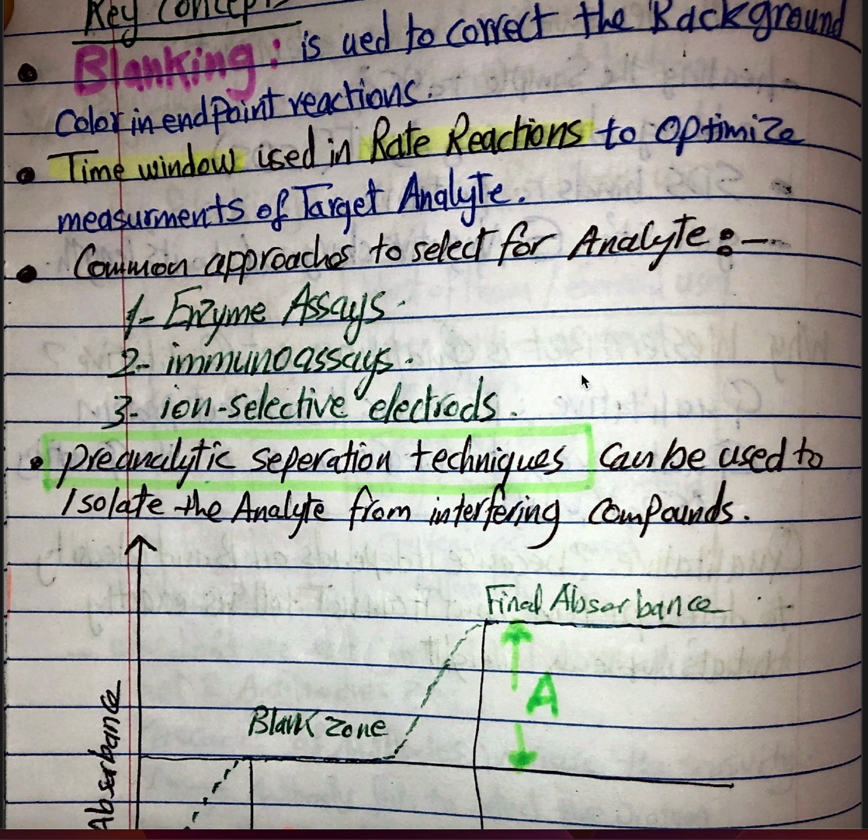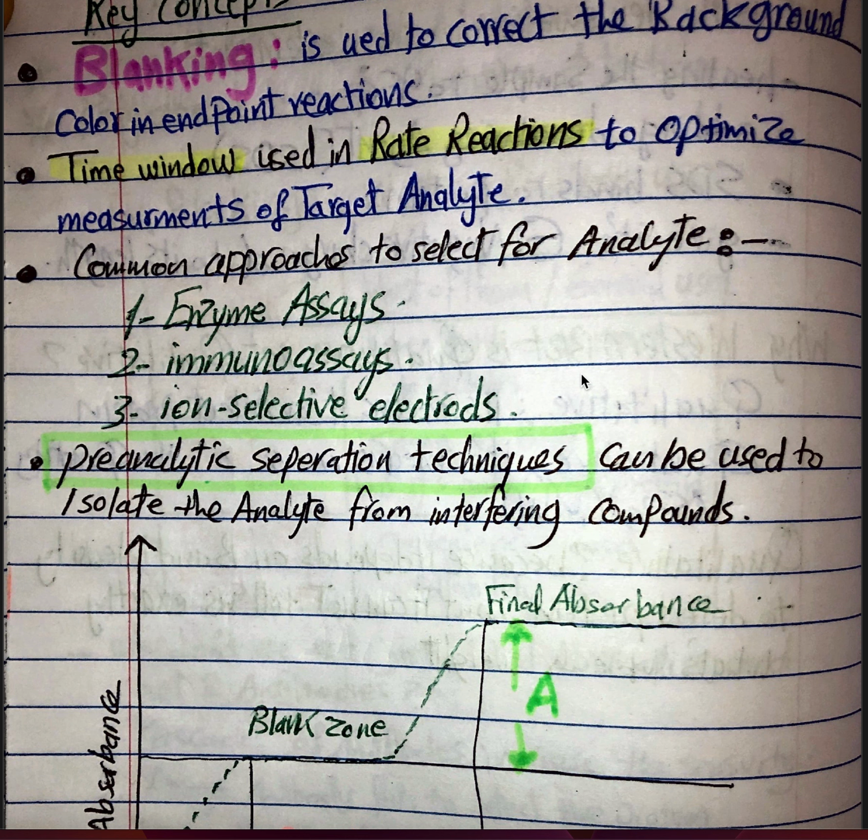Common approaches to select for the analyte: if you want to select an analyte, we actually use many approaches. The first one is enzyme assays, and we can use immunoassays, and we can also use ion selective electrodes.